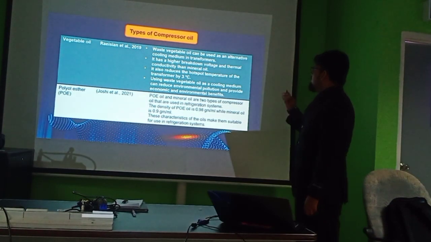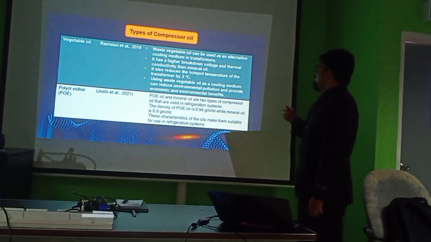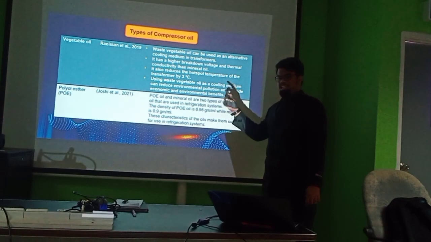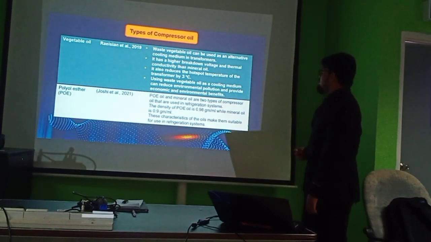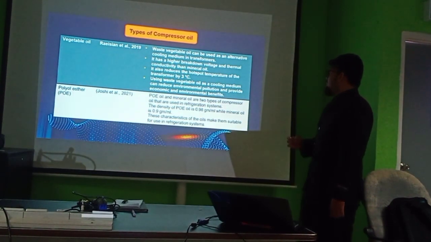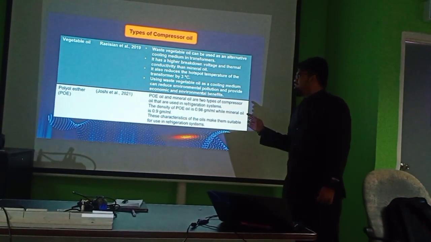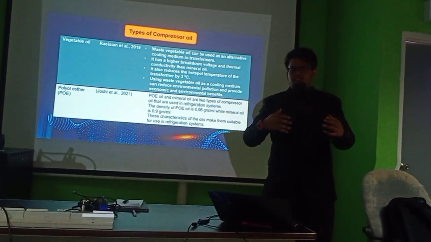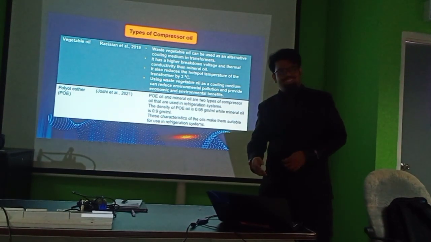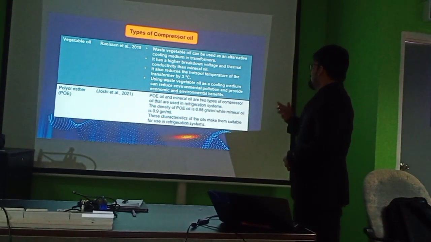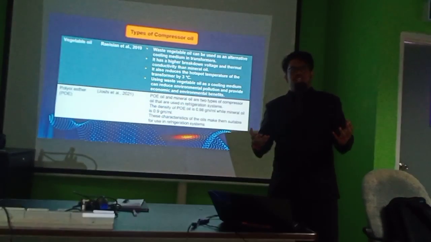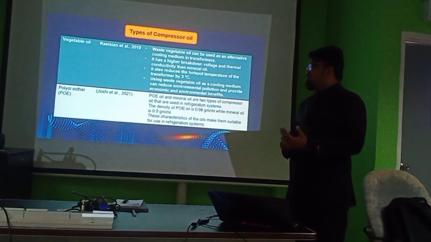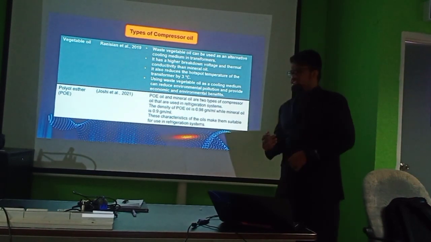And then it can reduce the hot spot temperature of the transformer by 3 degrees Celsius. So, using waste vegetable oil as a cooling medium can reduce environmental pollution and provide economic and environmental benefit. Because they use waste vegetable oil as their cooling medium, they can save budget and it is more environmentally friendly.